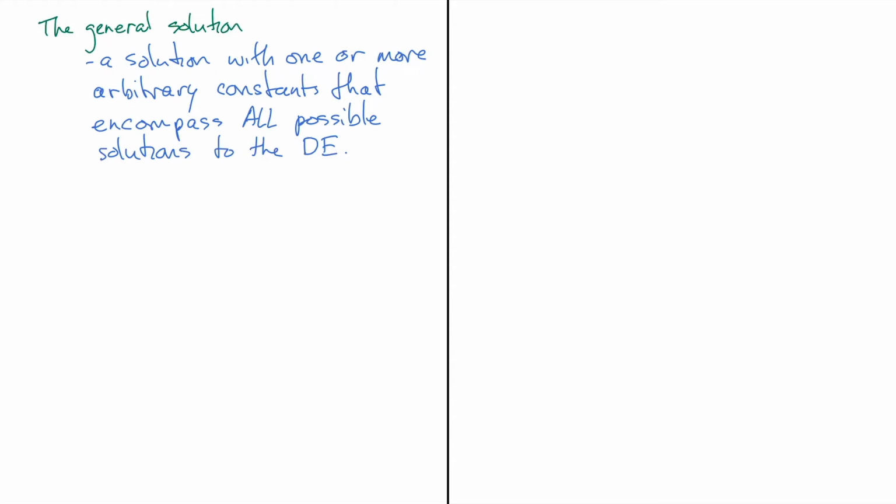So if it's a first order equation, one arbitrary constant should be enough. And if it's a second order differential equation, in some equivalent sense, there's sort of two antiderivatives that you have to take in order to solve it, and that means that you should have two arbitrary constants. So that generalizes. Okay, so those are our definitions of general solution, particular solution, arbitrary constant, and a solution, just a general notion of solution on an interval.